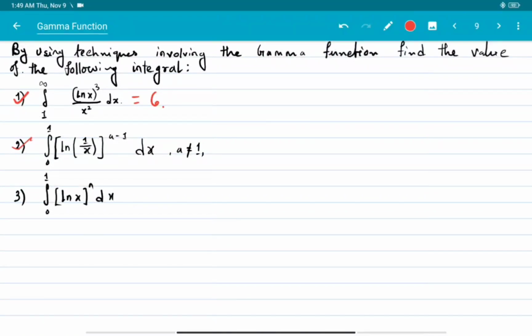So the substitution would be t equals natural log of 1 over x. Great. And so it could be written in the form t equals minus natural log of x. So I'm just writing out these things. So this is quite easy.